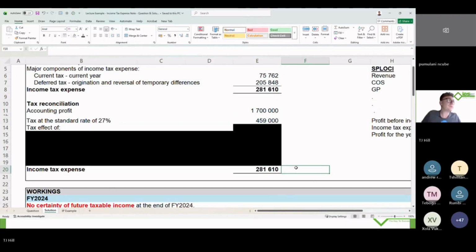Many types of things can do it. Some universities might say to you, and it's not wrong, but it's one of the items, that it is as a result of permanent differences.